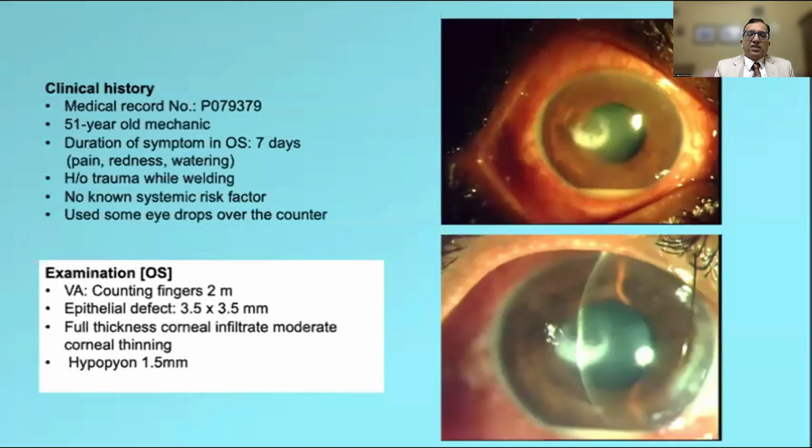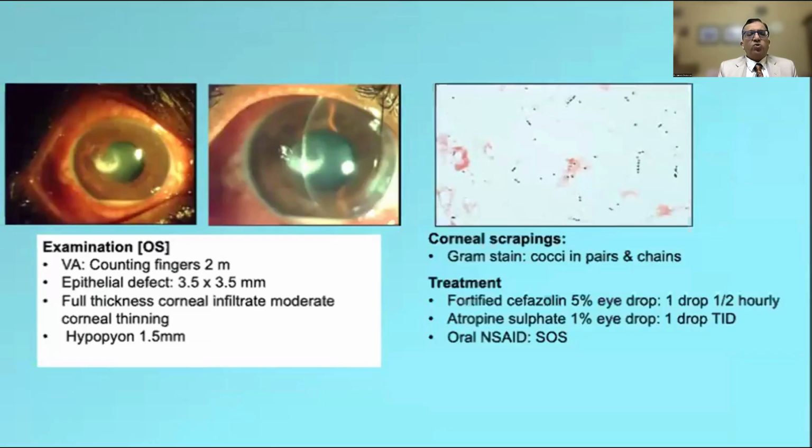And if you see superiorly, there is a healing edge. The infiltrate density is less there. And it is full thickness, and the surface appears to be wettish. The margins are well defined, and there is a hypopyon. So this is typically what we call a serpiginous ulcer.